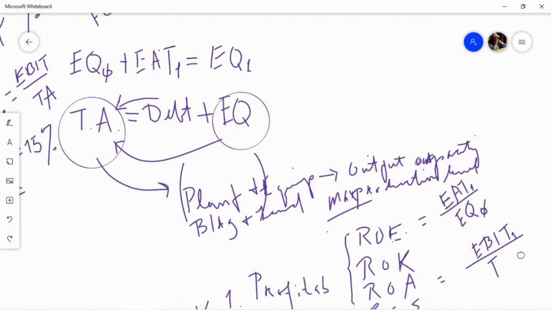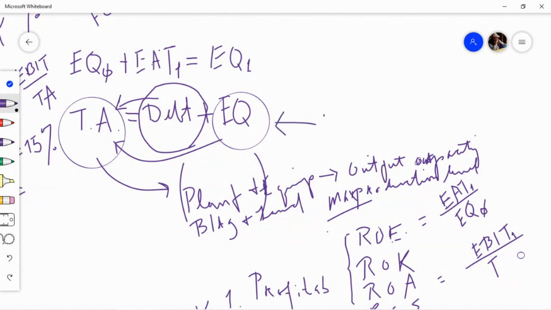Now, when we say capital, right? Capital is always long-term. It means long-term capital. In other words, equity is long-term capital. Equity is always long-term, right? Equity doesn't have any time limit. Equity doesn't have any maturity.